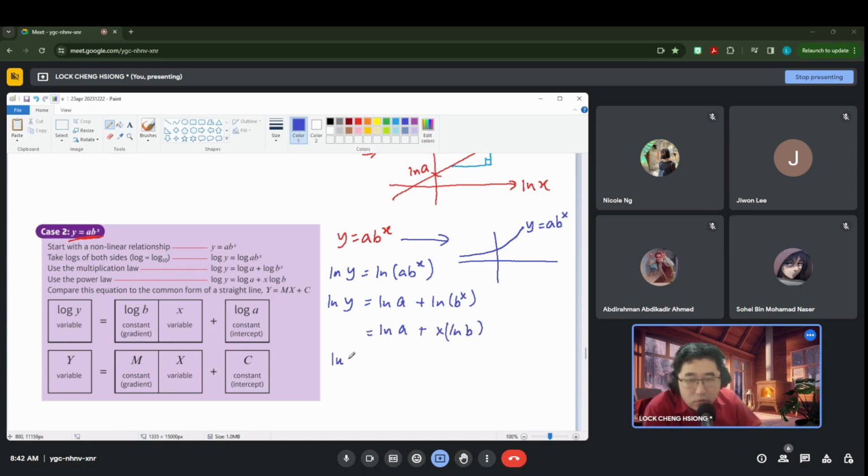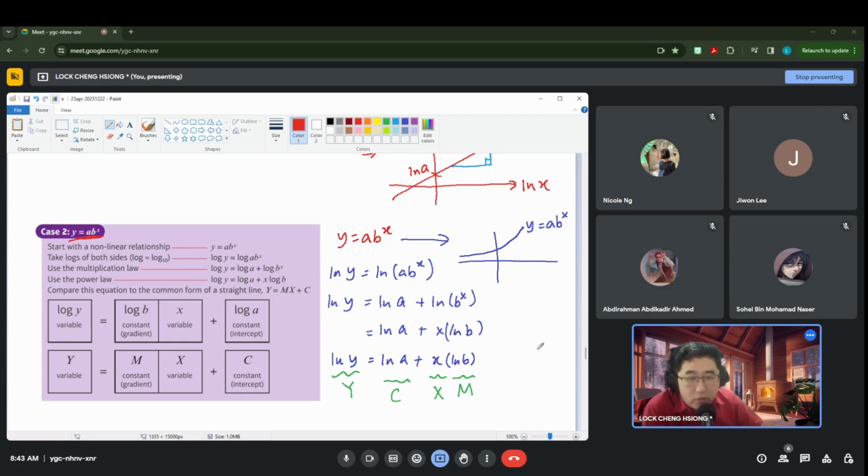So what exactly did I get here? You should be aware that this is my y, this is still my x. This time the ln b becomes my m, and this is my c.